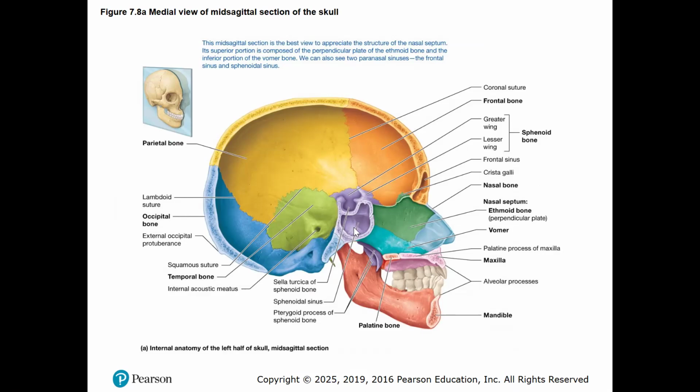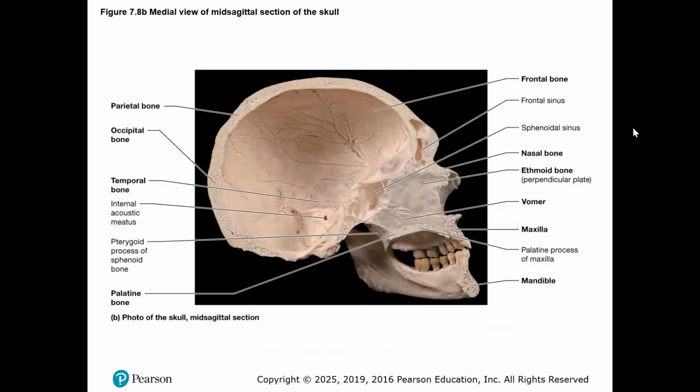You have several different sinuses within the cranium, and paranasal sinuses, frontal sinus, that you see here. You see part of that palatine bone we spoke about. It gives us a lot of good cross sections of the cranium.